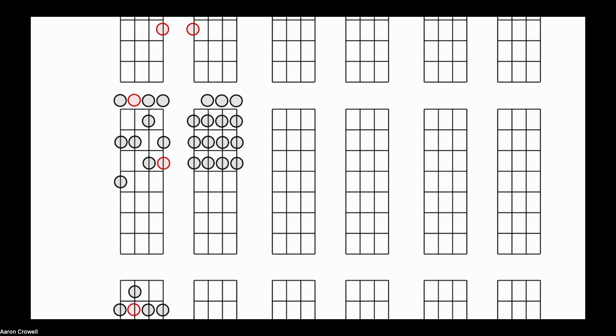So we don't have an open string. And this guy is actually going to move over here. The reason for this is because this note is that open note, right? The 5th fret is the same thing as the open string.